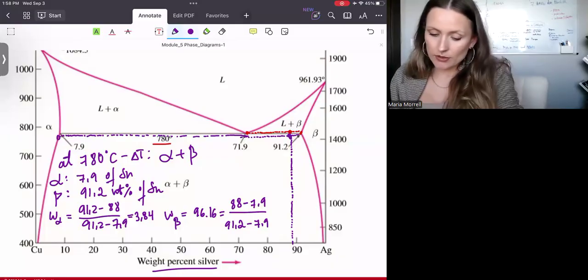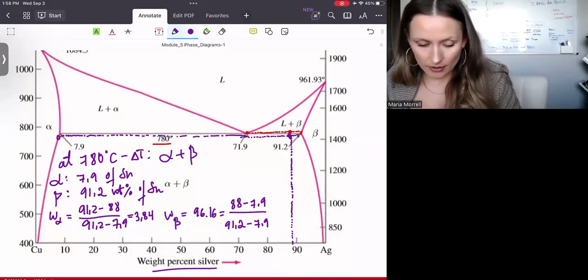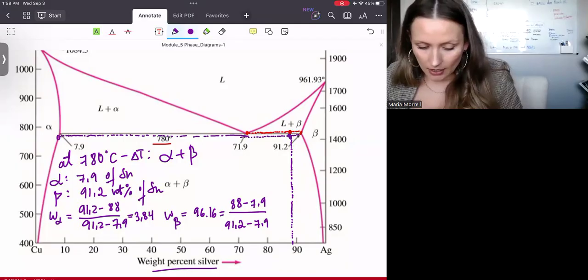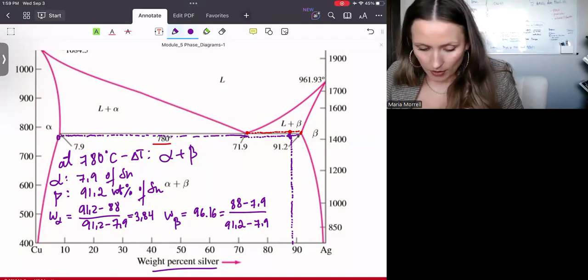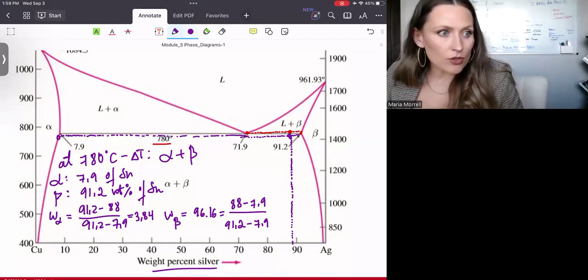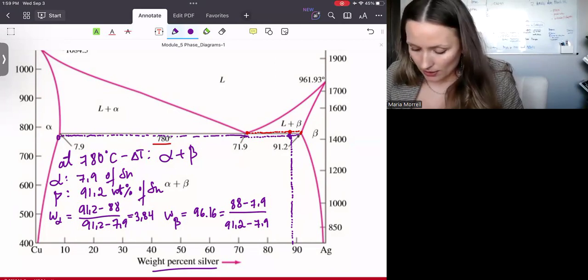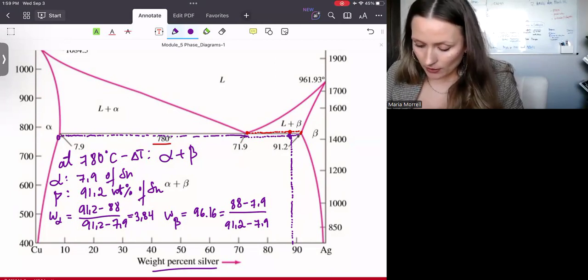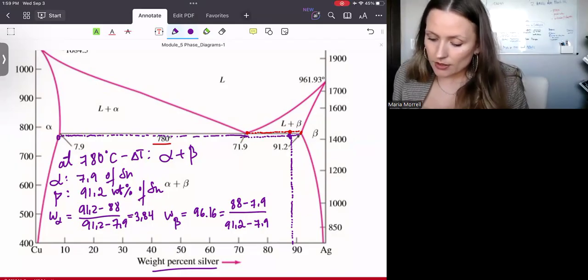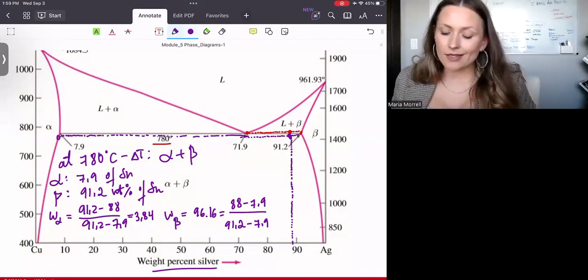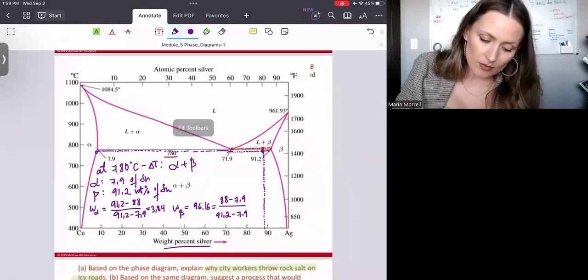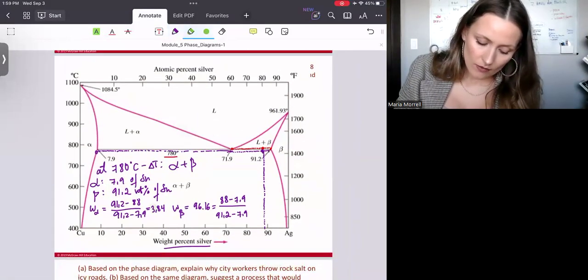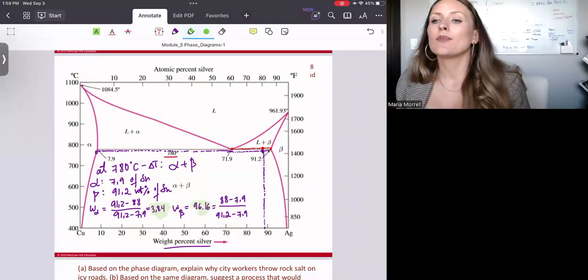And I'm going to plug it into my calculator to see if I end up with the correct answer. 88 minus 7.9 divided by 91.2 minus 7.9. And the answer indeed is 19.16, right?